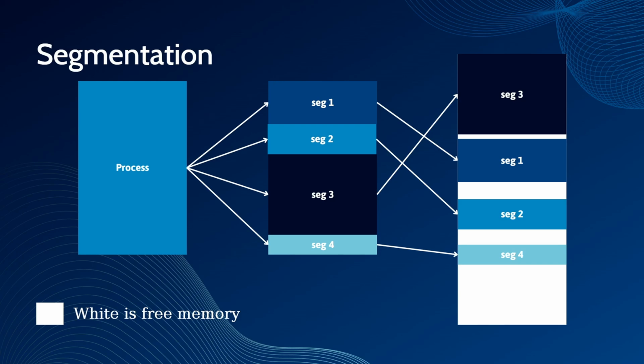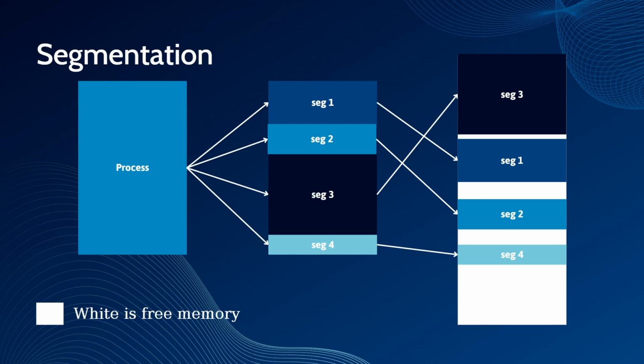Segment table. Definition: a data structure used by the operating system to manage segments. It contains information about each segment, including its base address and length. Function: maps logical segment addresses to physical memory locations.